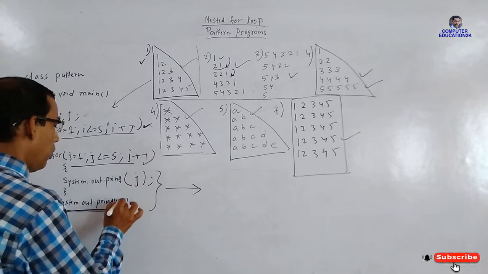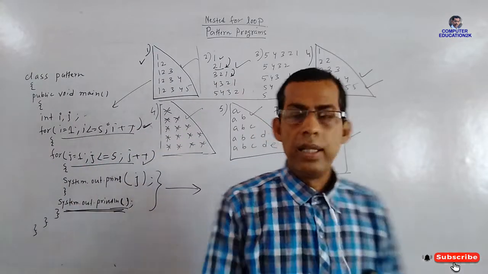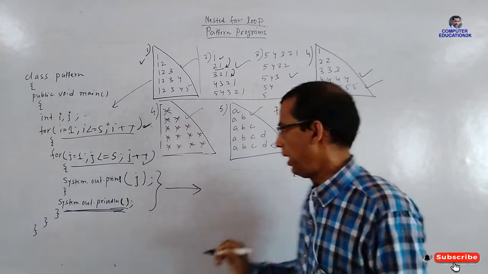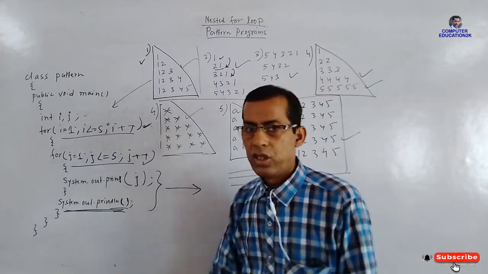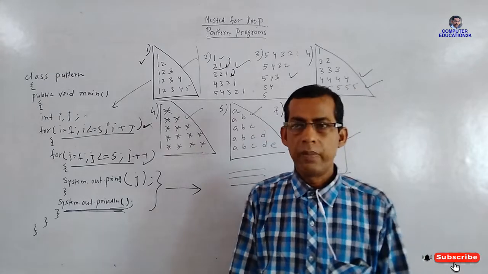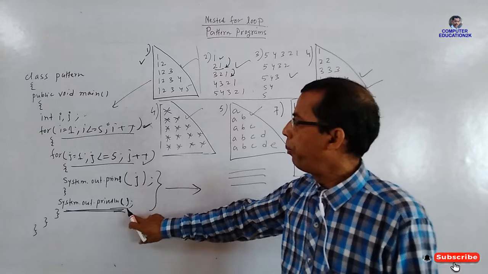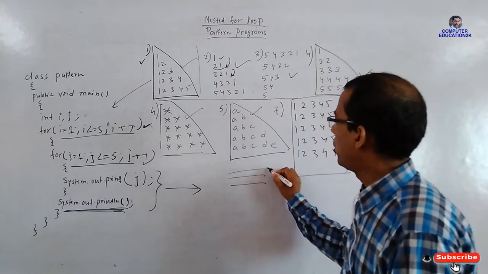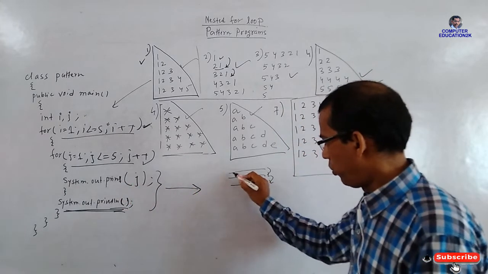And in the next line, we have written system.out.println. This print statement is used to print the values in a line, but system.out.println will take the cursor to the next line. This will print the values 1, 2, 3, 4, 5.